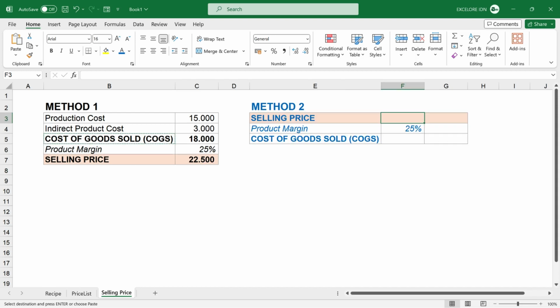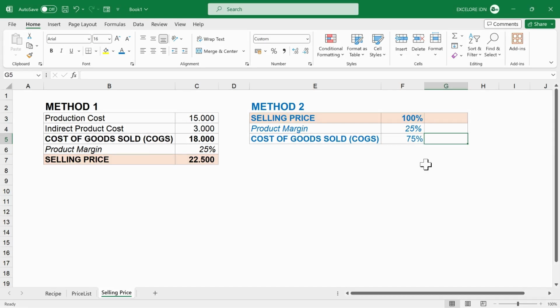If the 25% is applied to selling price, the calculation follows this formula. The selling price represents 100% of the initial value. After deducting 25% for the product margin, the remaining percentage is 75%, which represents the COGS.